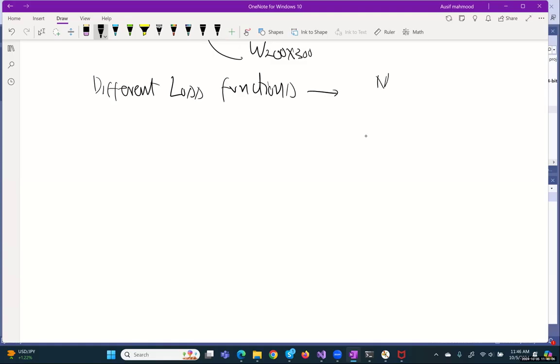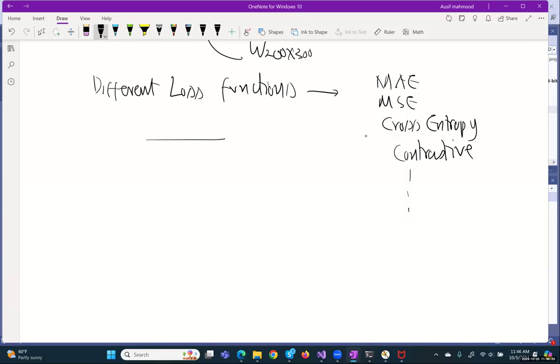For example, there's a mean absolute error, there's a mean squared error, there's cross entropy, there's the contrastive loss, and we'll come up with our own special loss function. So anyway, there are many, many loss functions. Depending upon the nature of the problem, we will pick one of these loss functions, right?